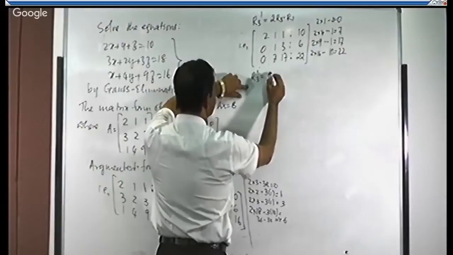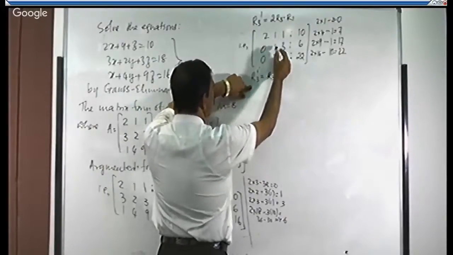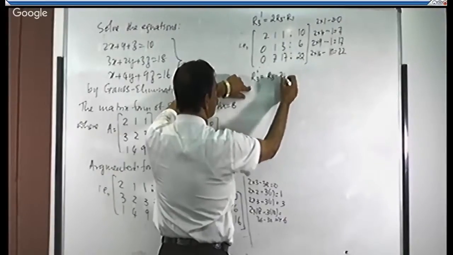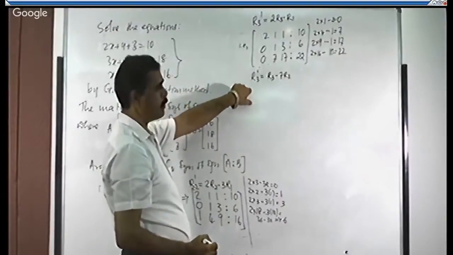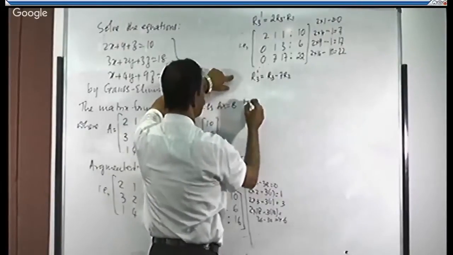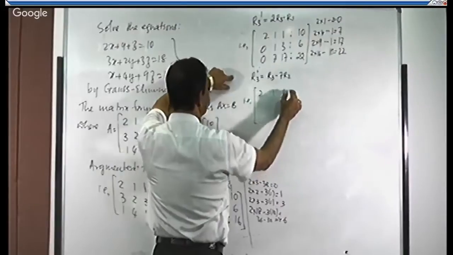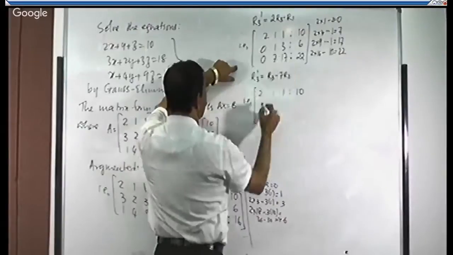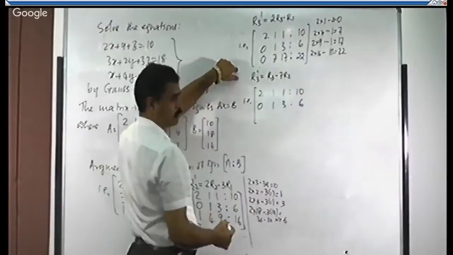What is that rule? What is the element? It is 7 or 3. I said, you just make a rule with the second row only. R3 minus 7 times R2. So if I apply this, that becomes what? I'm not changing anything to first row. Second row remains the same, 0, 1, 3 is to 6.